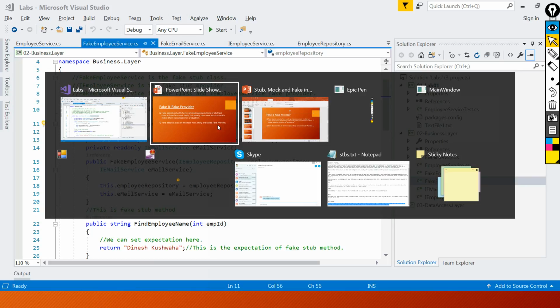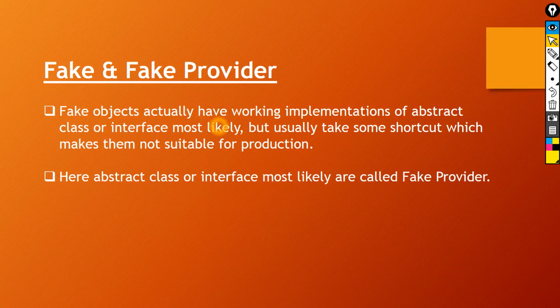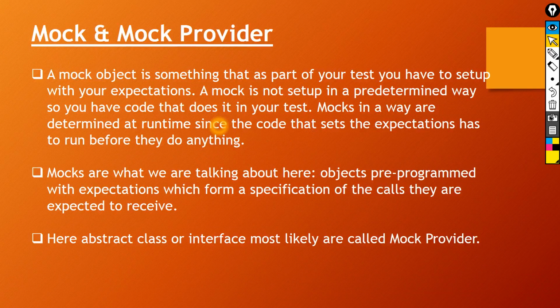Let's move to the next slide and try to learn mock and mock provider. What is mock and mock provider? Let's try to understand this definition. A mock object is something that as part of your test you have to set up with your expectations.